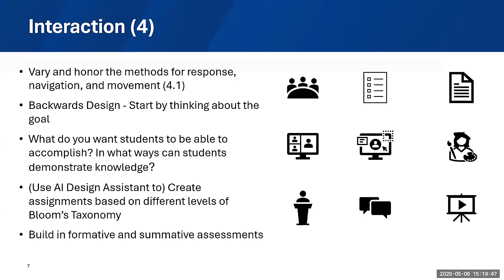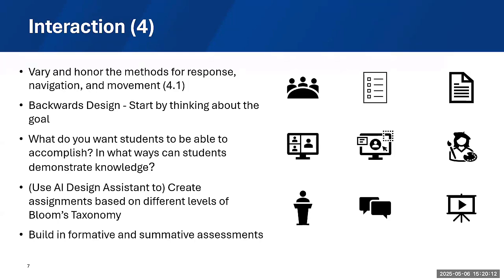So when you're thinking this through, once you have Ultra and the AI, we do have the AI design assistant, which can help you create assignments based on different levels of objectives, like understand or apply, and everywhere in between, depending on where you are with your students. If it's a 101 course, maybe on the lower end. If it's a graduate level course, you might want more complexity.